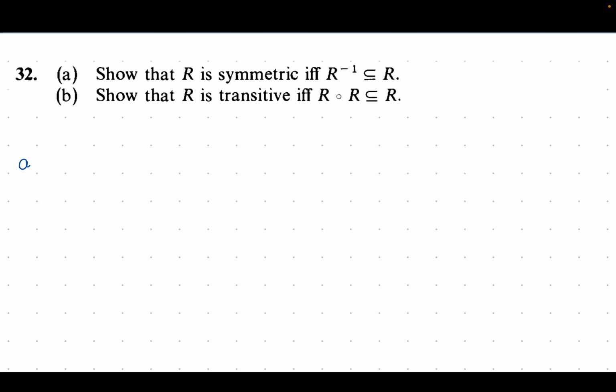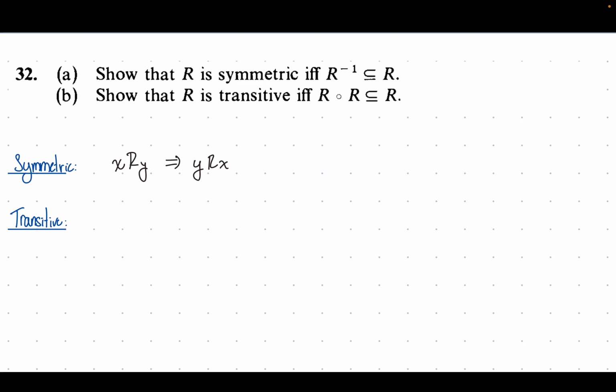Oh, actually that's not what I wanted to do. I wanted to say what symmetric and transitive mean. Right, so a relation R is symmetric if X R Y is true implies that Y R X is also true.